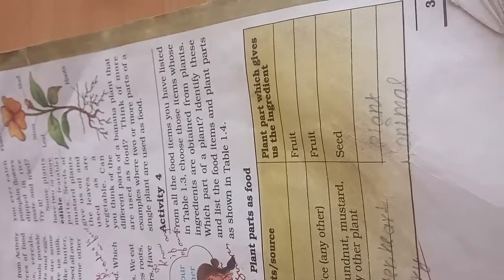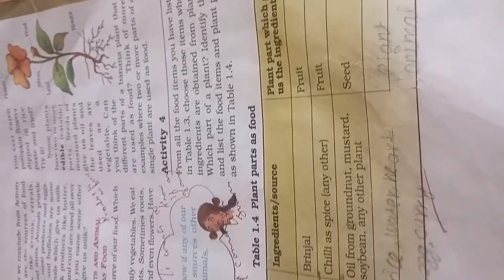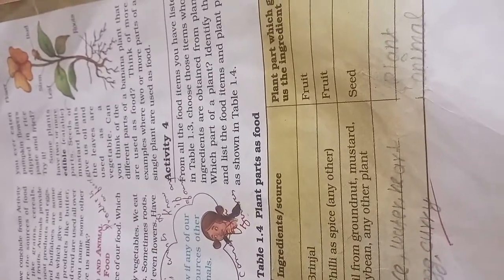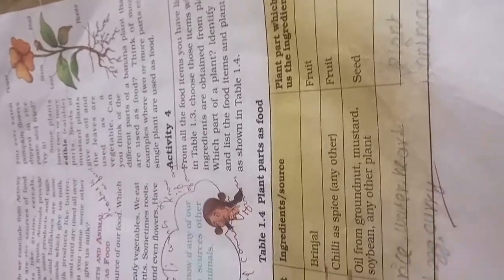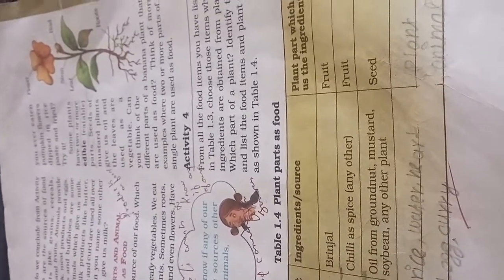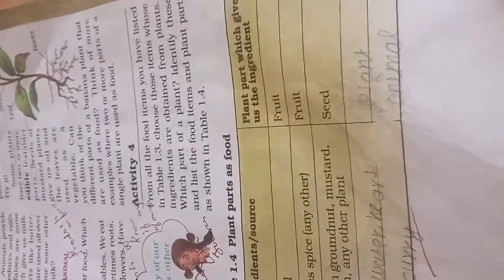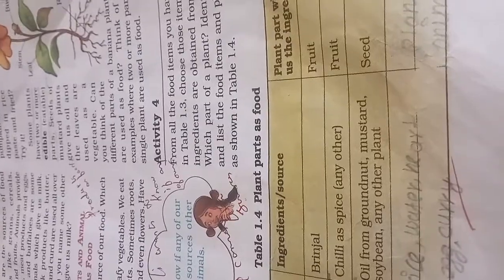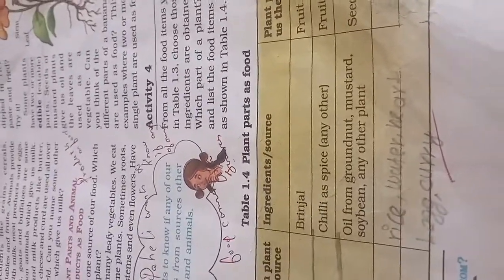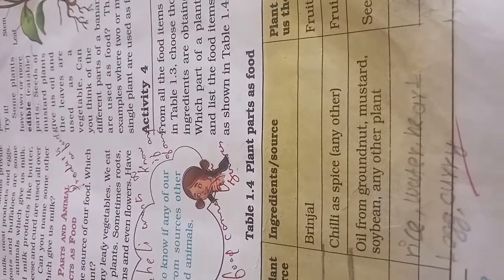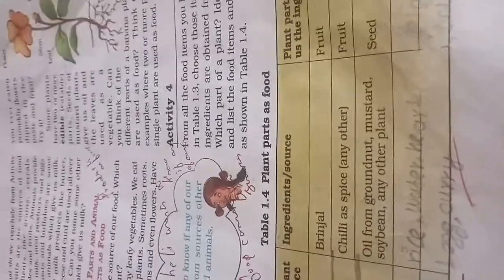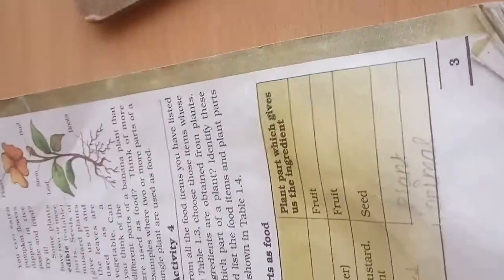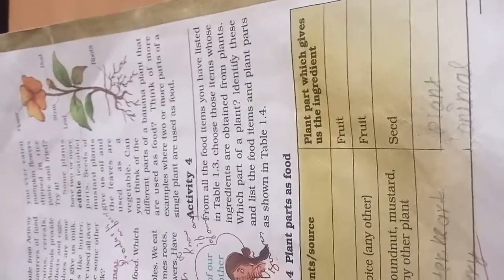Which part of the plant is brinjal? The fruit. And chili? The fruit. And oil from groundnut or mustard, where do we get it? Definitely from the seed. Whenever we prepare different food items, the ingredients are very important, otherwise you can't prepare any food item. We get ingredients from plant parts as well as from animals.